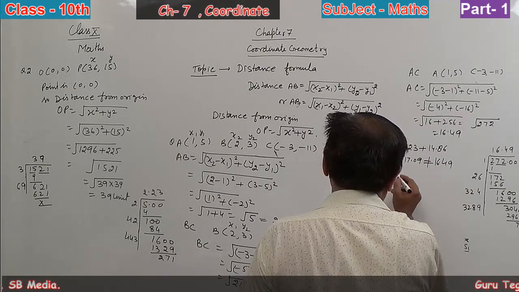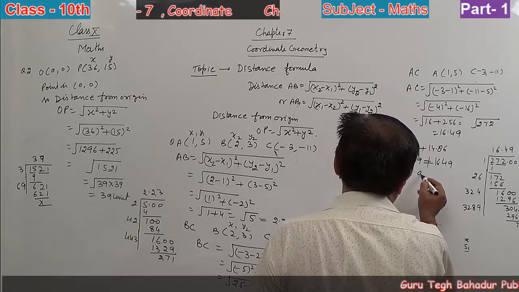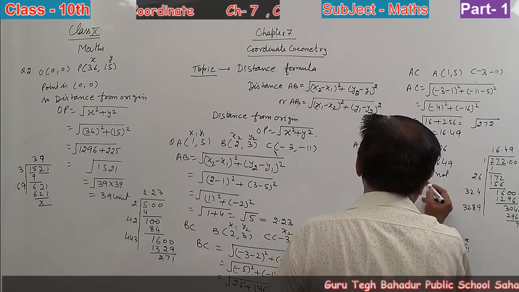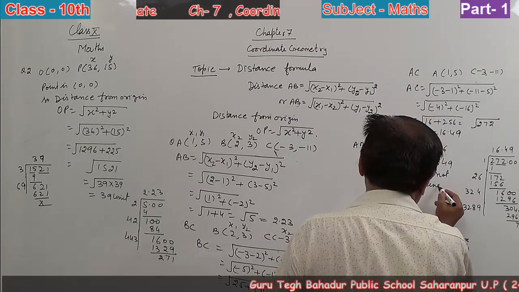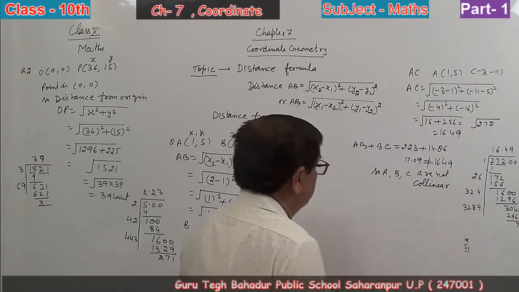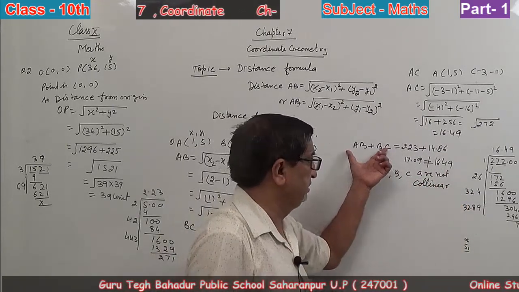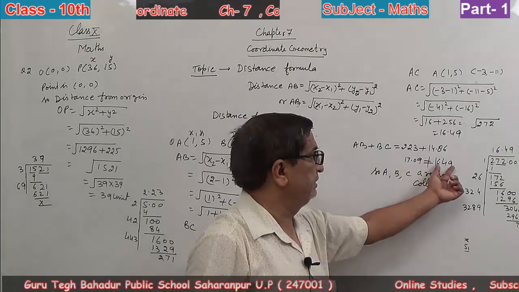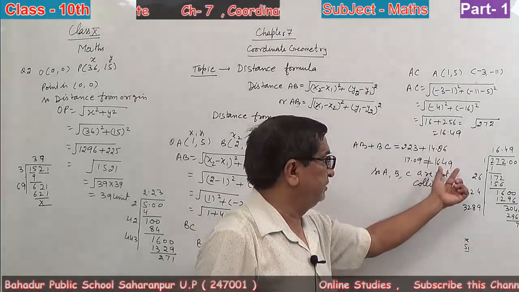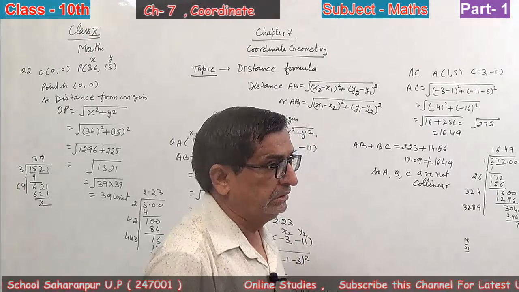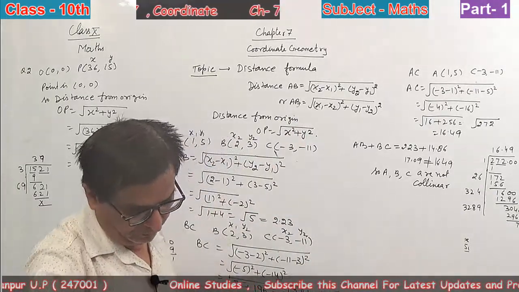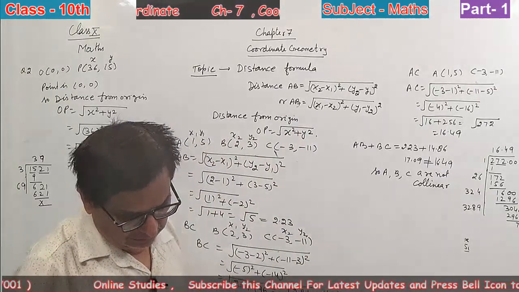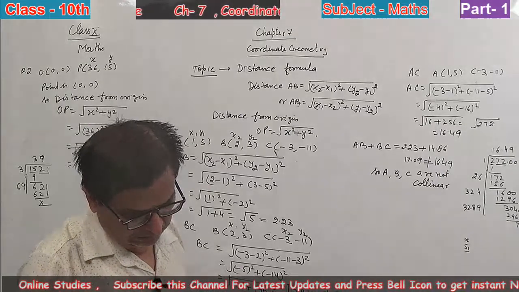So A, B, C are not collinear. The sum of two sides is not equal to the greater third side, so the points are not collinear. So you will do the fourth question yourself.